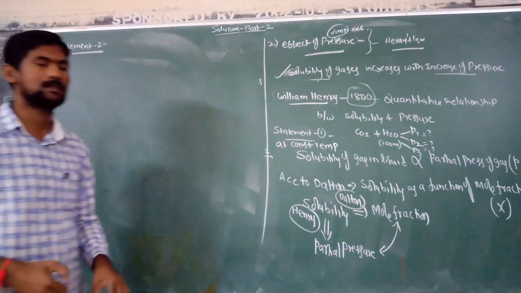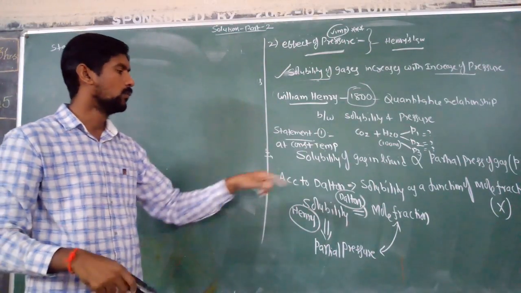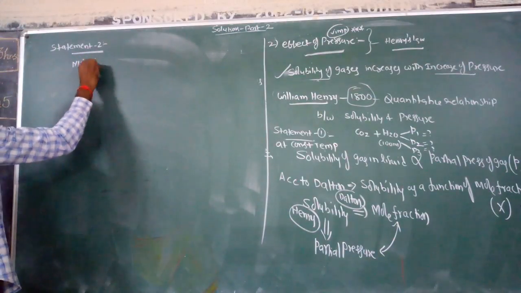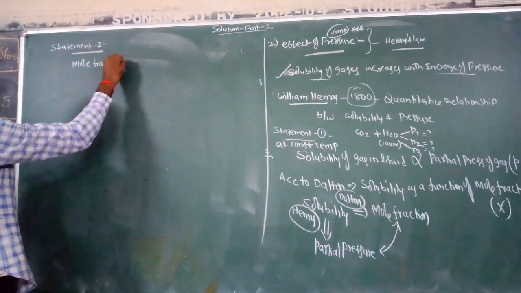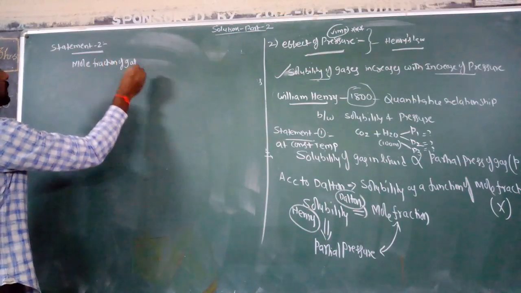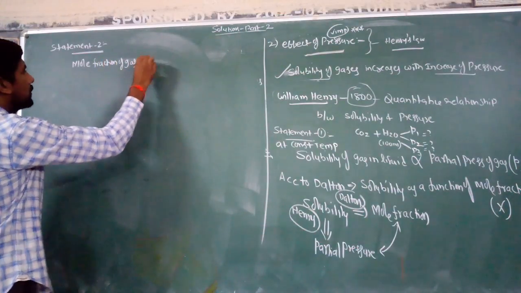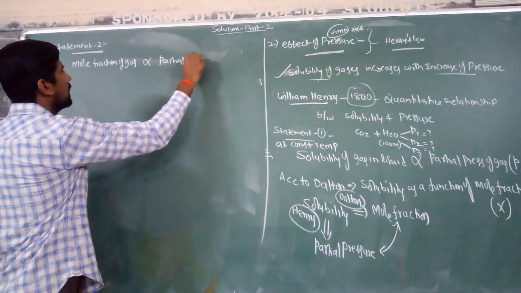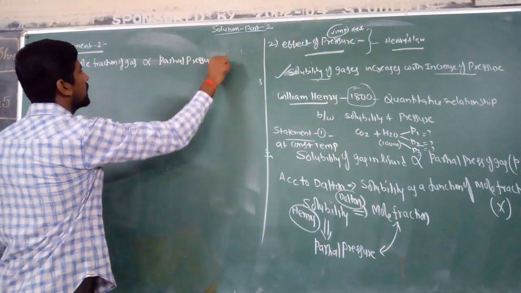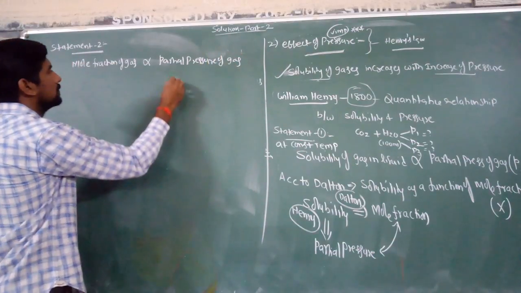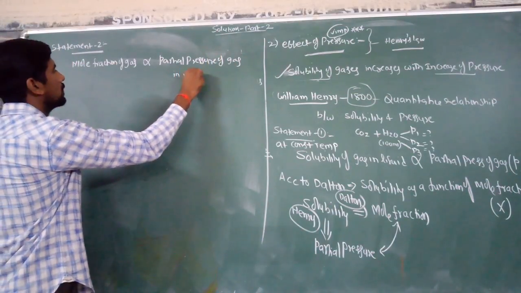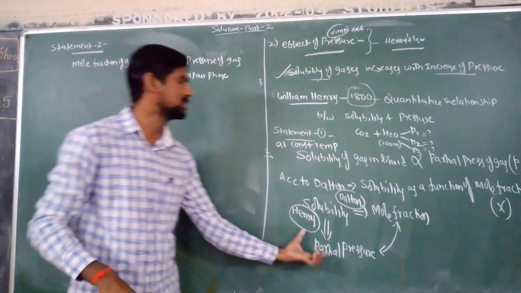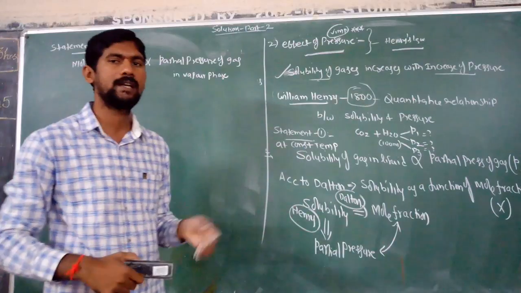Statement 2 of Henry's law is: mole fraction of gas is directly proportional to partial pressure of gas in vapor phase. You can just relate these two, partial pressure and mole fraction, and change the statement.